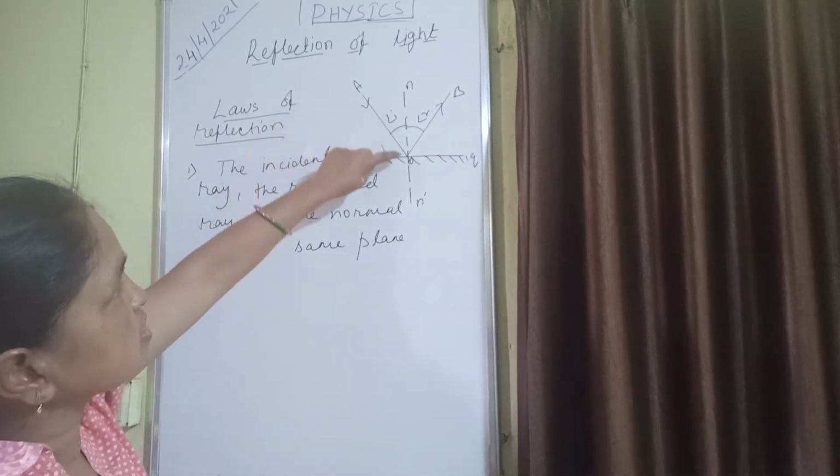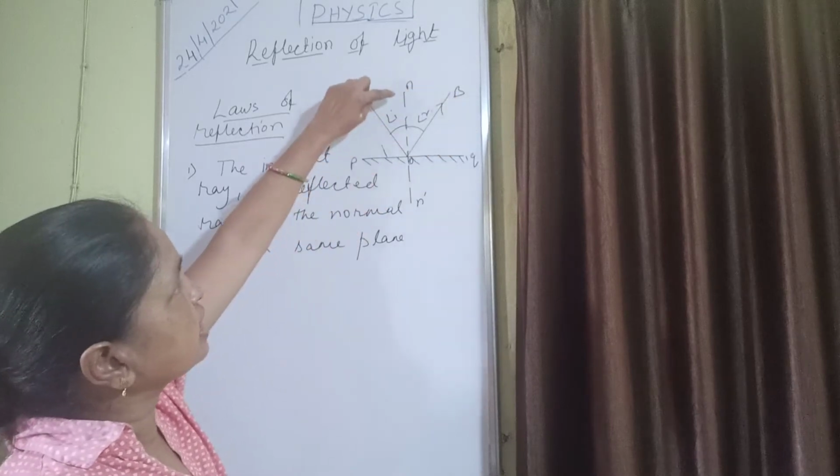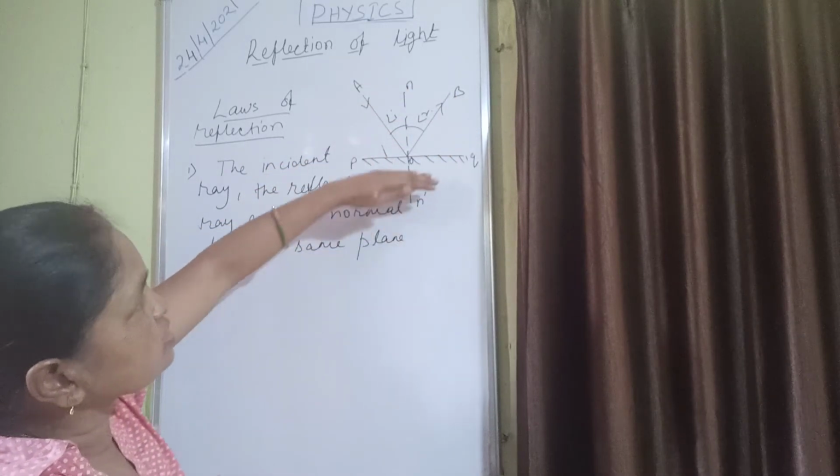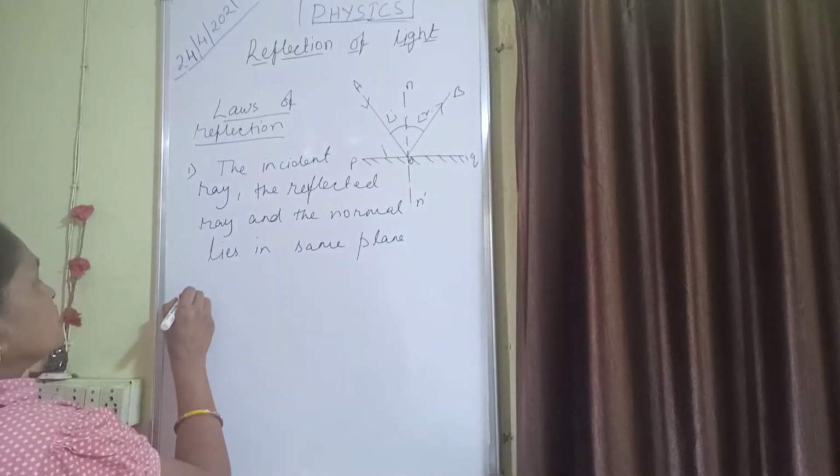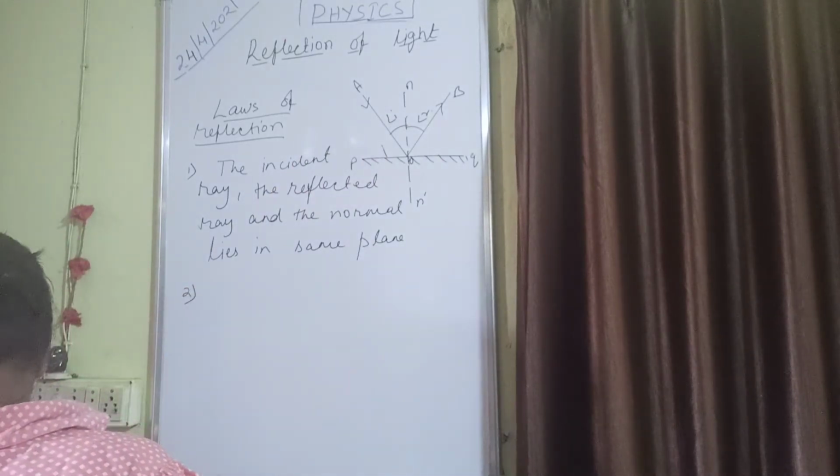So see here, incident ray, reflected ray and the normal all lie on the same plane, that is on the mirror.